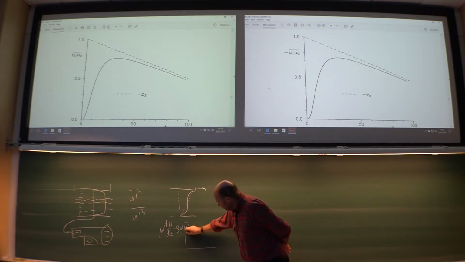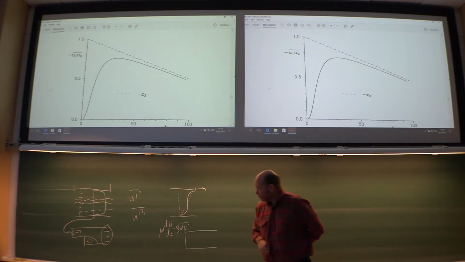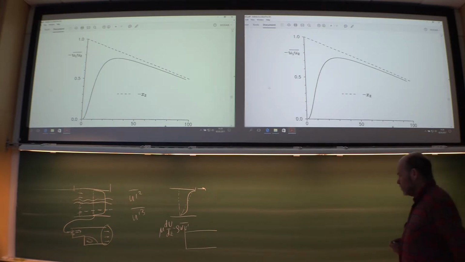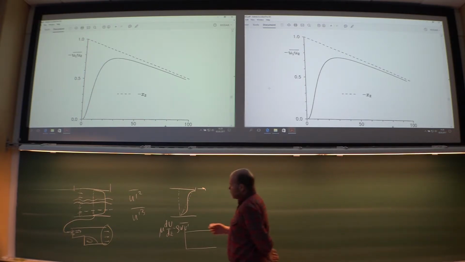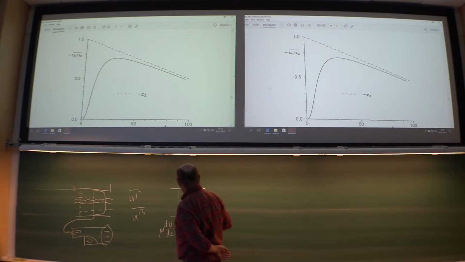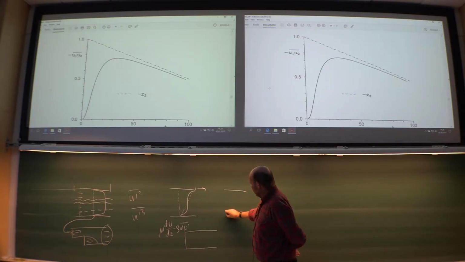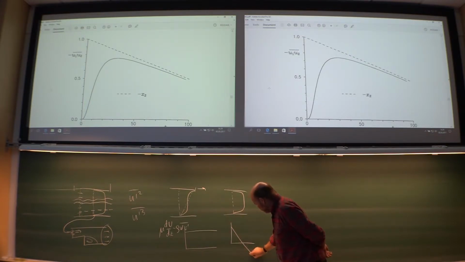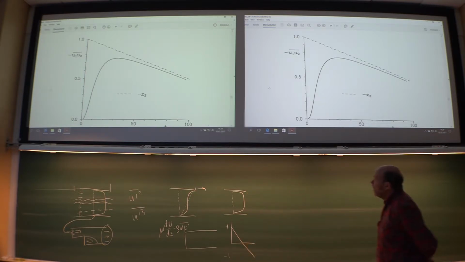For the Couette flow, you should get a straight line. That's how far you can get with the analytical simulation. For this problem, when you do the same, from wall to wall, then you should get a line that goes from +1 to -1. And that is what I have tried to draw here.